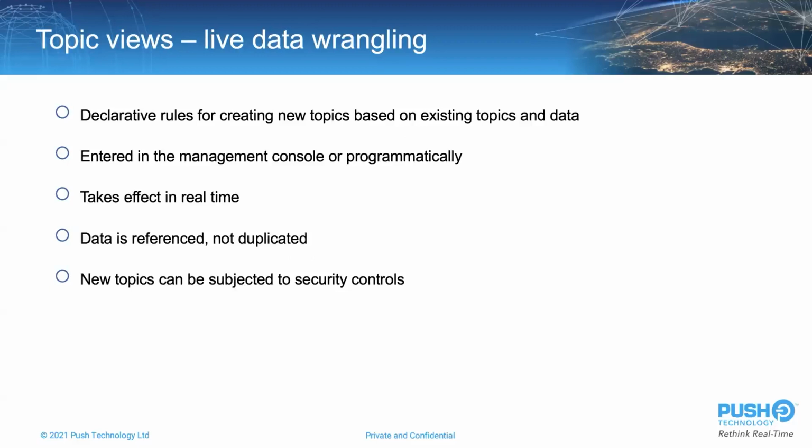This means that we can create topic views, create views of views, and cascade them, and we're not putting a lot of pressure on the Diffusion system. Furthermore, a new topic view is also subject to the security controls of the standard Diffusion permissioning model. So we can create views of data, and we can grant users access or deny users access to that data.